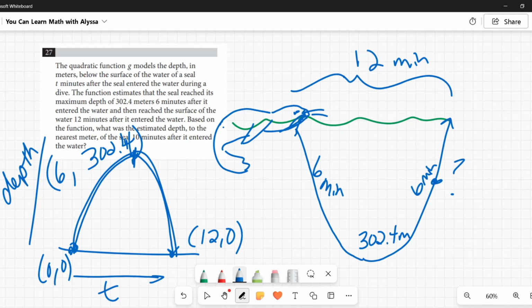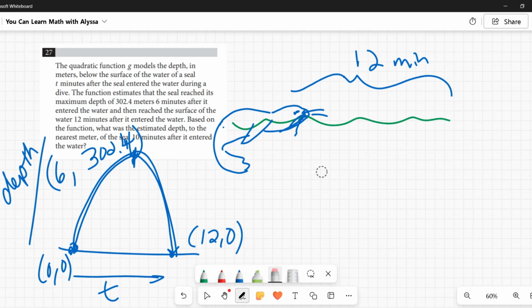Now, how do we get an equation or a function from this information? Well, if we have the vertex and one other point, we can use the vertex form of a parabola to create this function. So that's what we're going to do. All right, I'm going to erase my little sketch here and my little oddly drawn seal.